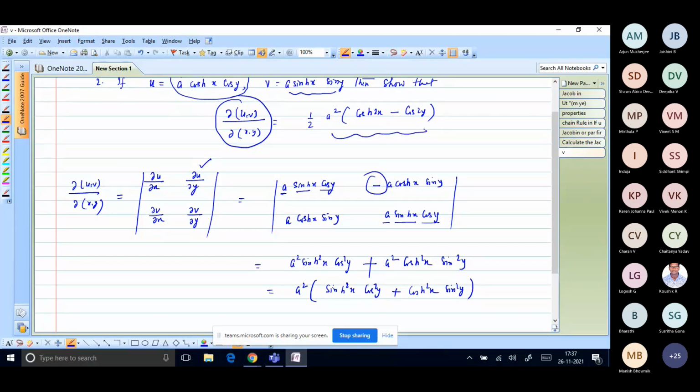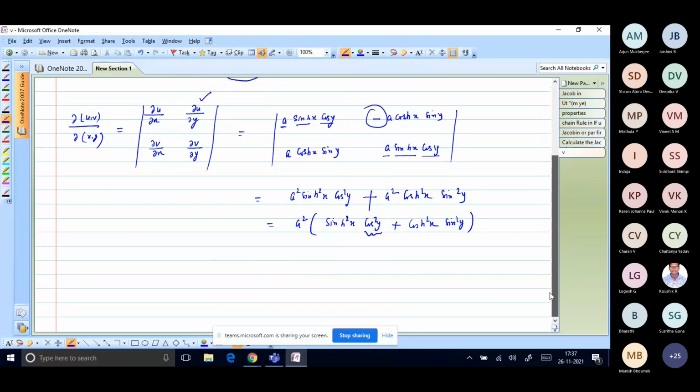Based on this, I will break this term cos square y. So cos square y is nothing but 1 minus sine square y, and cos hyperbolic square x is nothing but 1 plus sine hyperbolic square x.